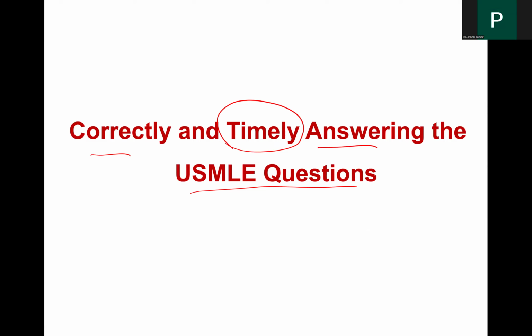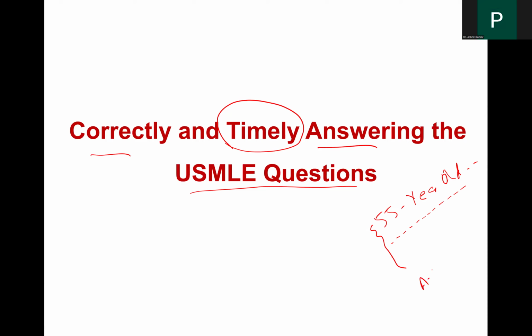So generally you encounter vignette-based or patient case scenario-based questions, right? There are 90 seconds, 1.5 minutes, per question. There is a question stem that starts, let's say, 55-year-old man visits the family physician, and you waste around 30 to 40 seconds reading this whole question stem.